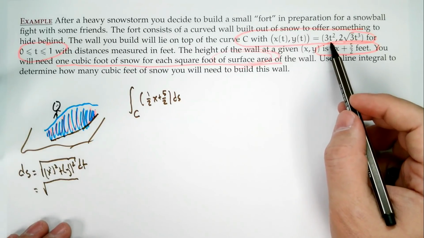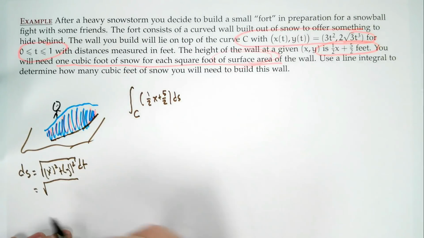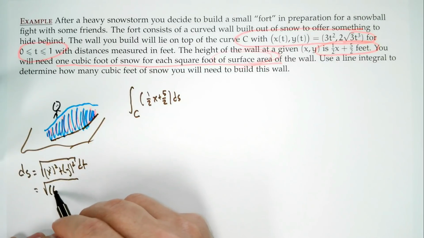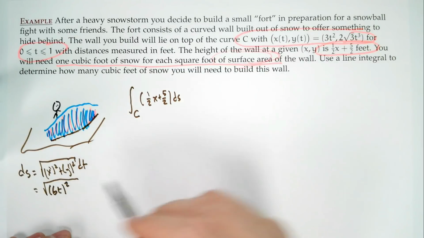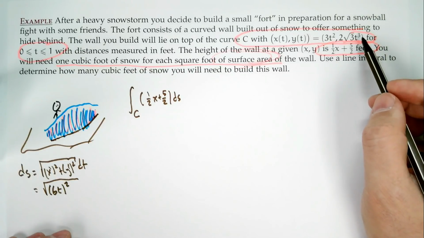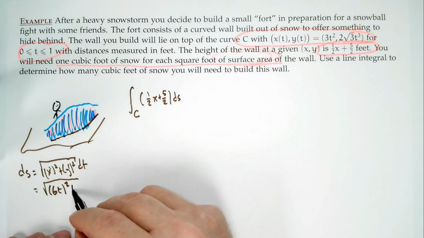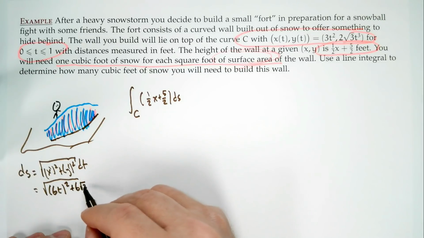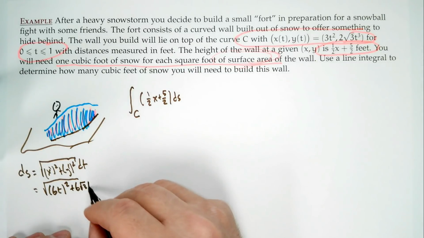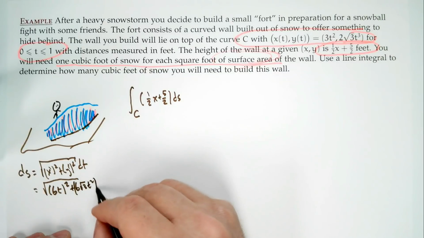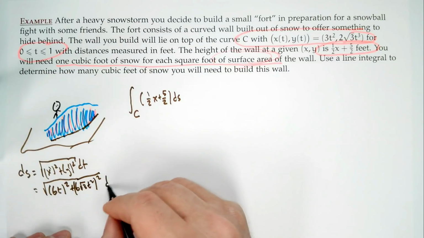So the derivative of x will be 6t. So 6t squared. Then what's this? Well, the derivative of y, well, that'll be a 6 square root of 3, and then I'll have a t squared, and I'm going to square that, dt.